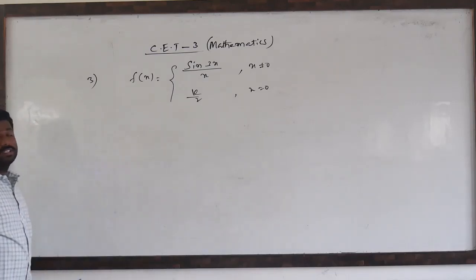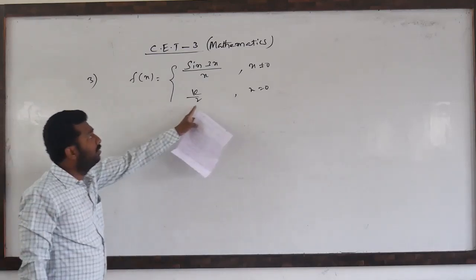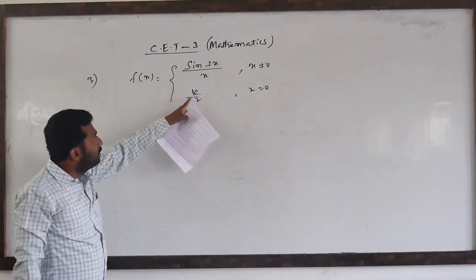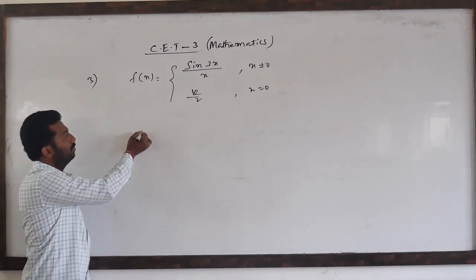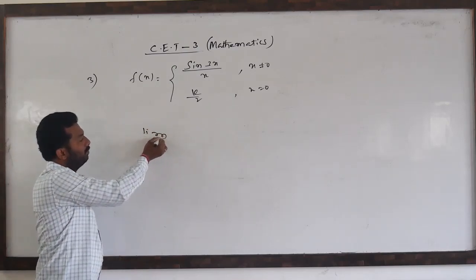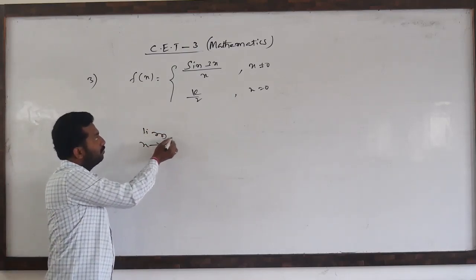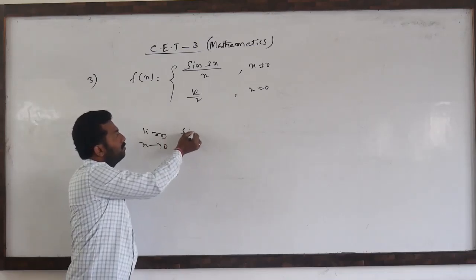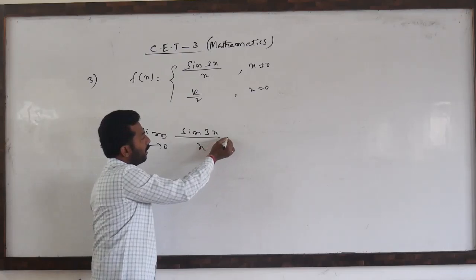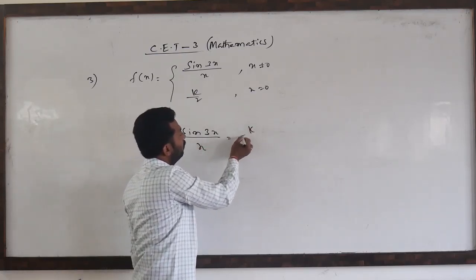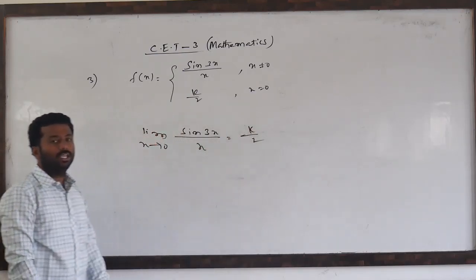Again the same function is continuous at x equal to 0. So this is f of 0, and the given function as x tends to 0, limit x tends to 0 of sin of 3x divided by x equals f of 0. F of 0 is nothing but k by 2.